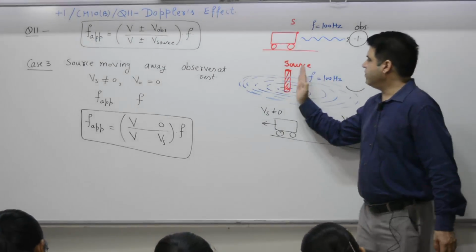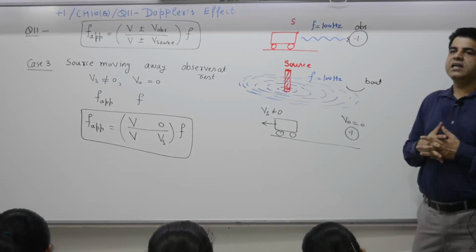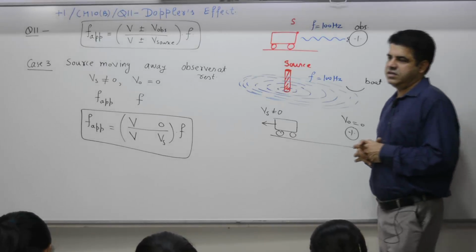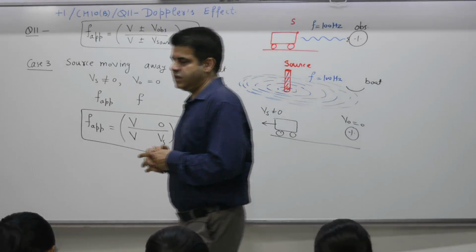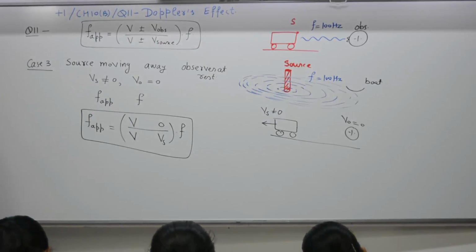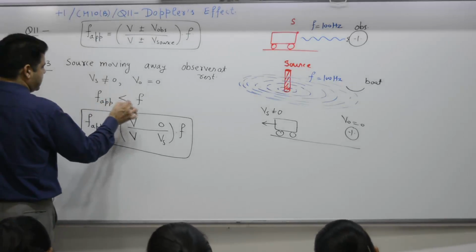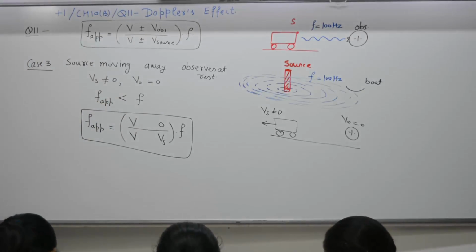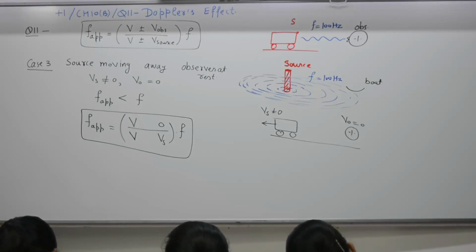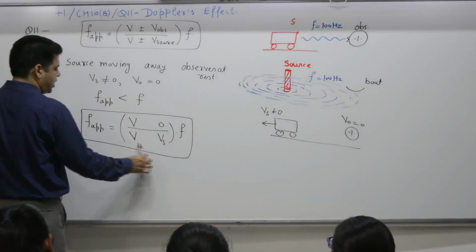If it starts moving away, the number of waves received by the boat will decrease. That is why frequency, what do you say, frequency decreases. F apparent is less than F. Now you want to make this factor less than 1.